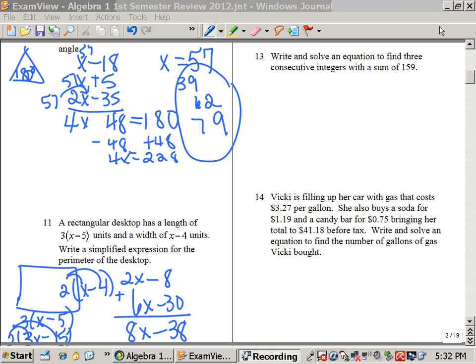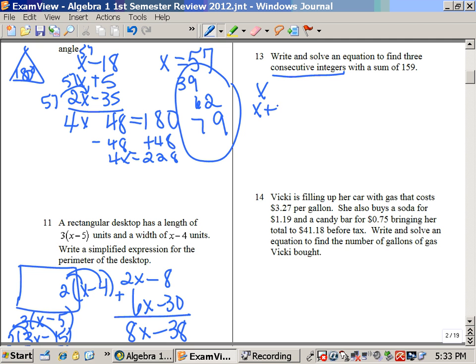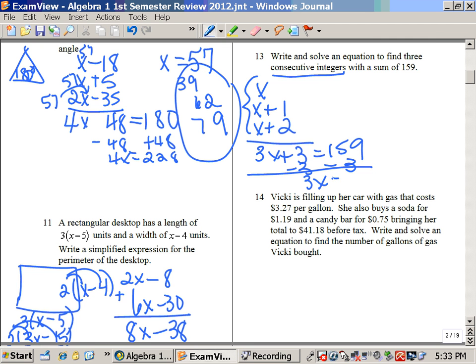Number 13, we have to write and solve an equation to find 3 consecutive integers. And I think most of you remember that consecutive integers, this is the way you set up all of the problems. Now I need to add these 3 integers together. That gives me 3x + 3 = 159. Subtract 3 from each side, and 3x = 156.